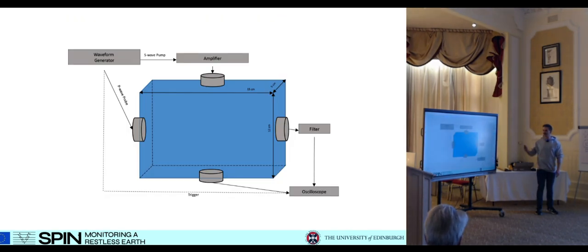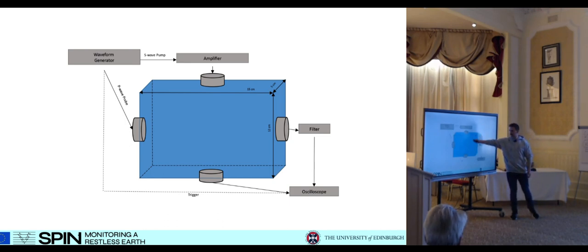We used Alison's setup where she looks at the nonlinear interaction between P and S waves in a medium. In this setup, we propagate a high amplitude, low frequency shear wave, and then probe that shear wave with a very low amplitude, high frequency P wave.